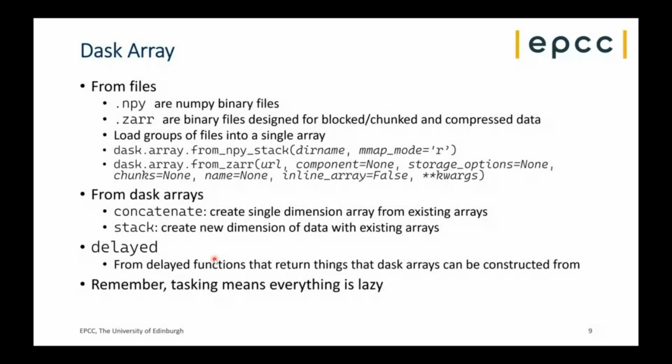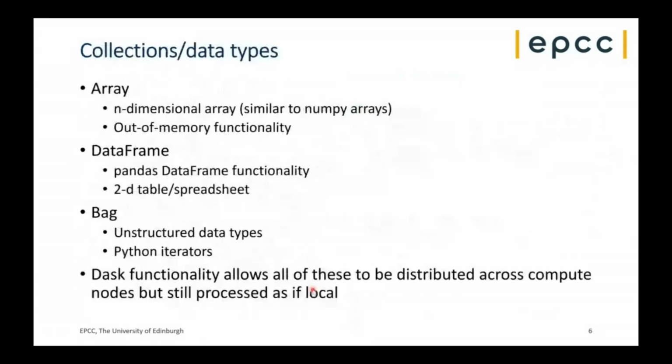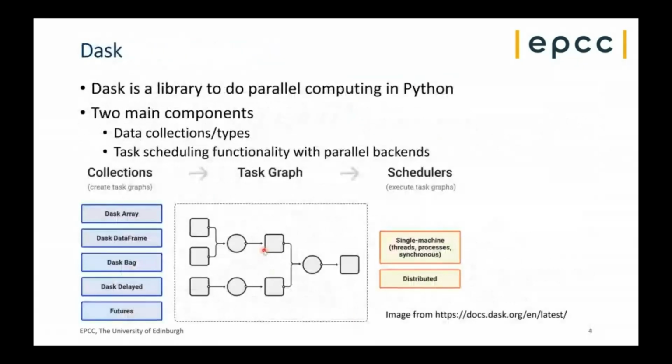Now, I've not covered this properly yet, but one of the important things to know about Dask is that it's lazy. And lazy here doesn't imply anything bad. It just implies that it waits to do the work until the last possible minute.